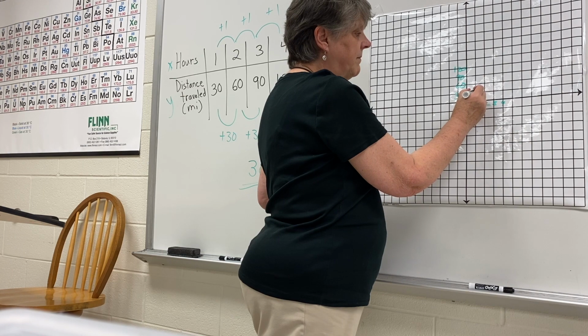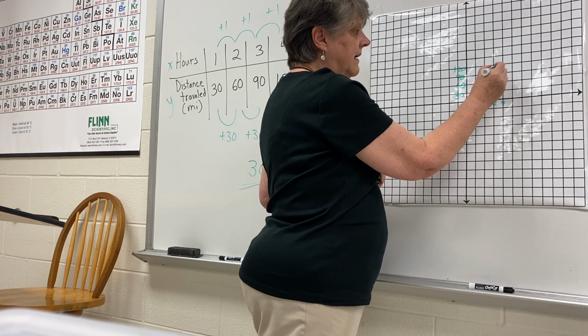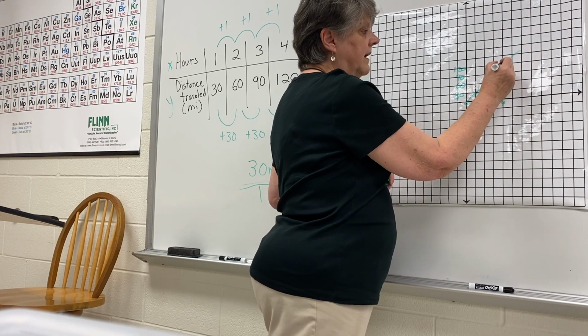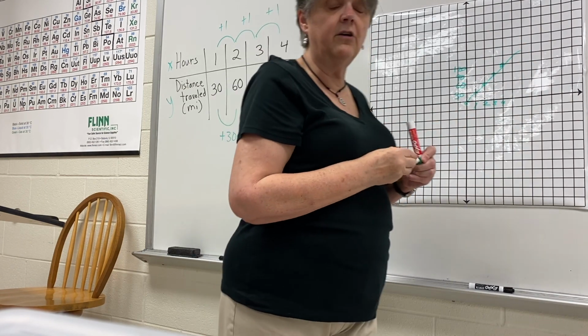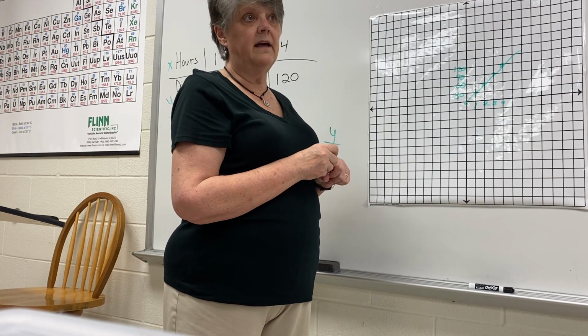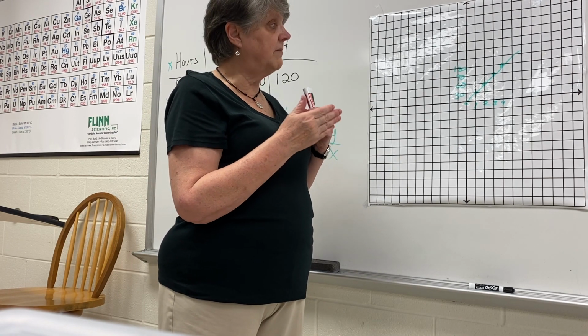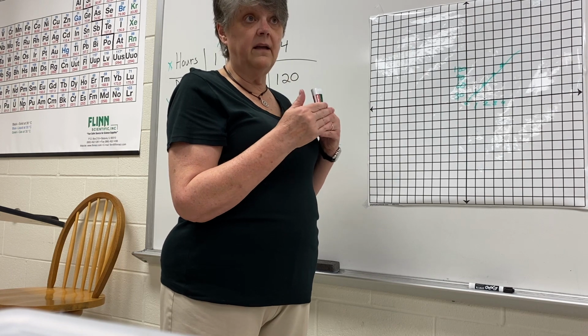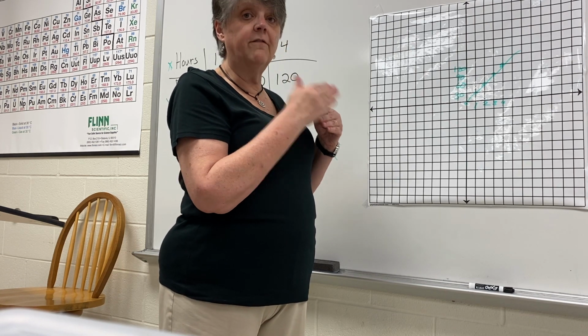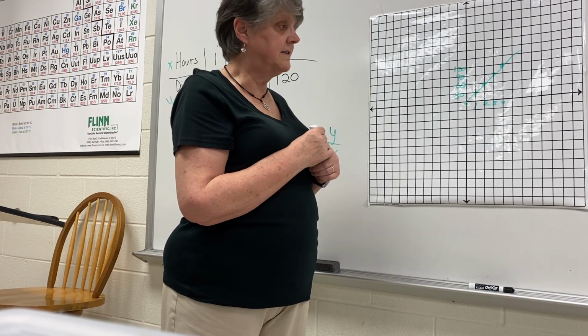When I plot this, I have a nice straight line. And that means that it's a linear relationship. It means that I have a constant rate of change, that my Y, the number of miles, is going to vary the same amount for every unit that I have on my X.